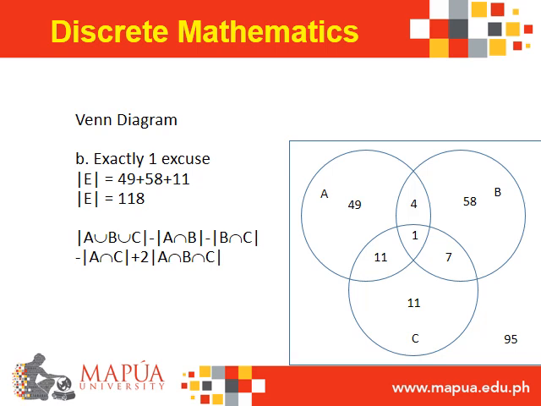The cardinality notation for this particular region of events would now comprise the union of all events minus the intersections of all of these events, and then we compensate for 2 of the intersection of all events.